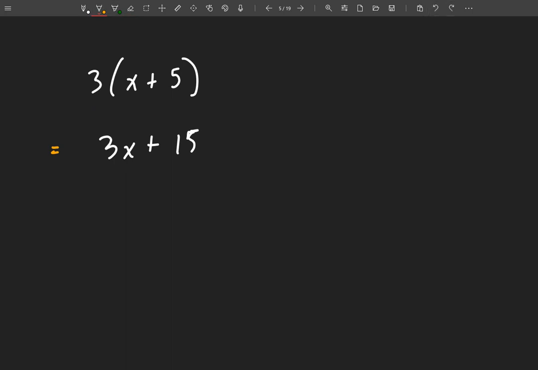Okay? So, for instance, let's say I gave you 5x plus 20, and I said, can you factor that? In other words, can you turn this thing into something times something else? Well, if you think about it, and you look at this as a pattern, you could say, well, it looks like this 5x plus 20 was probably created by multiplying something times these two pieces, right?